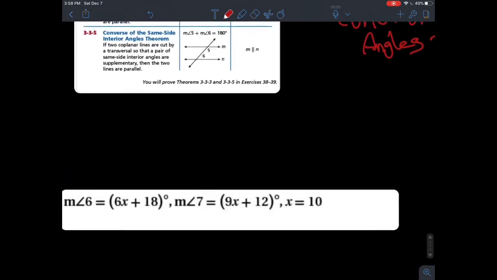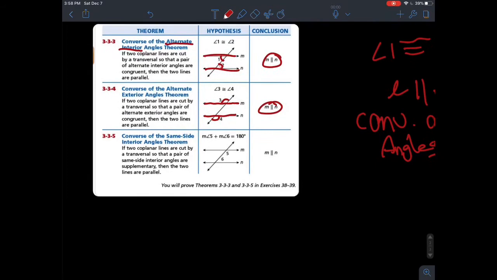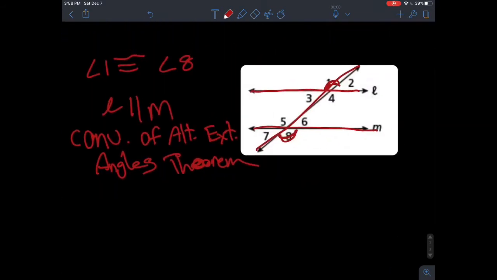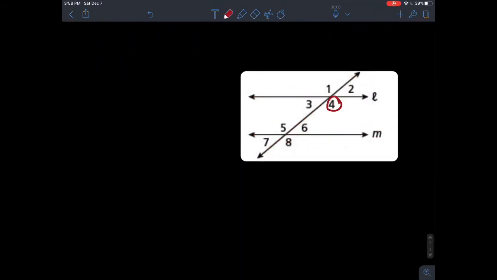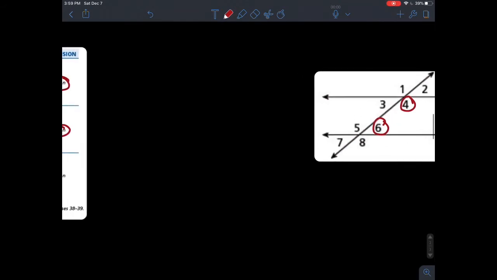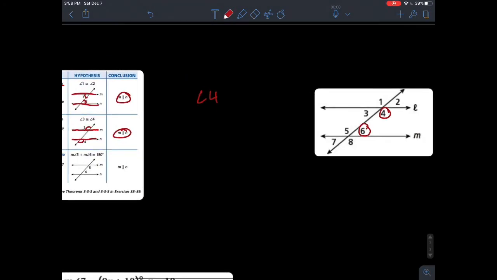So for this one, you can go 4 and 6. Angle 4 plus, or measurement of angle 4 plus measurement of angle 6 equals 180.